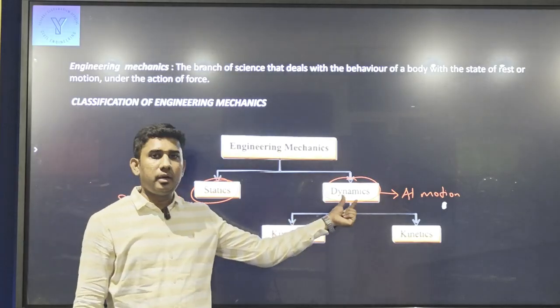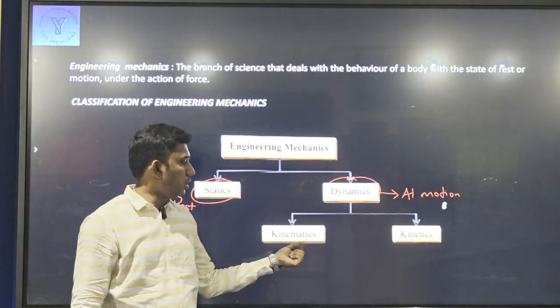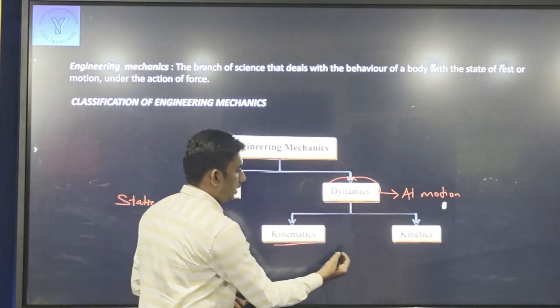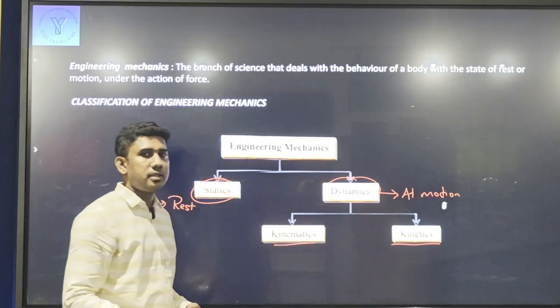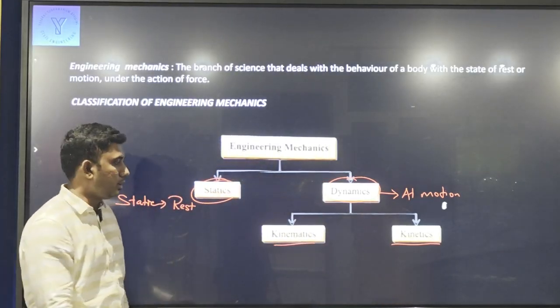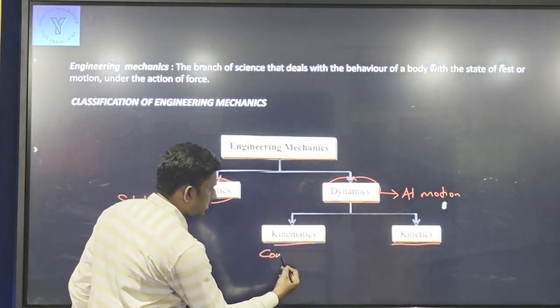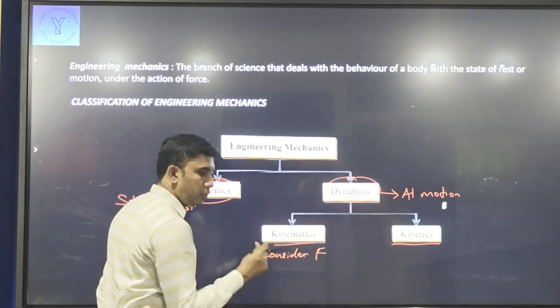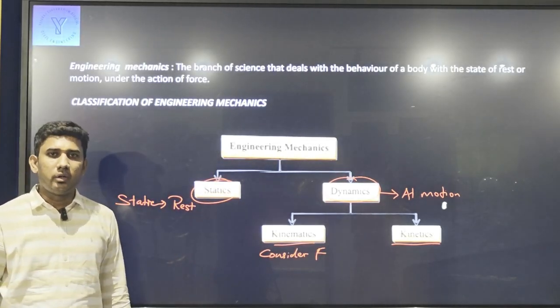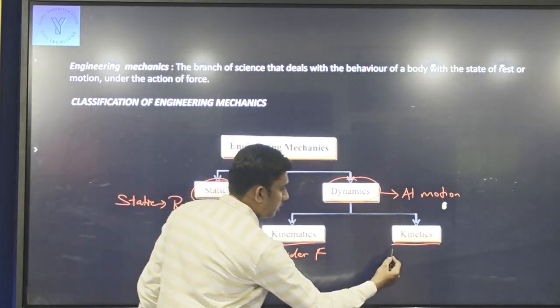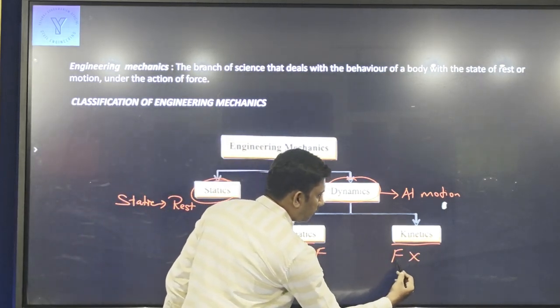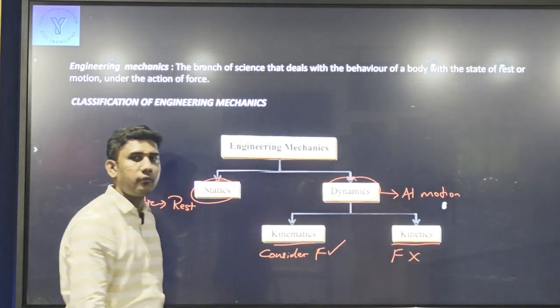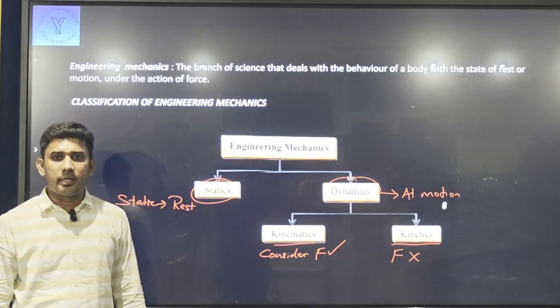And broadly, dynamics is classified into two more types, which are kinematics and kinetics. If I consider the force which causes the motion, I call that kinematics. If I do not consider the force, I consider it as kinetics.